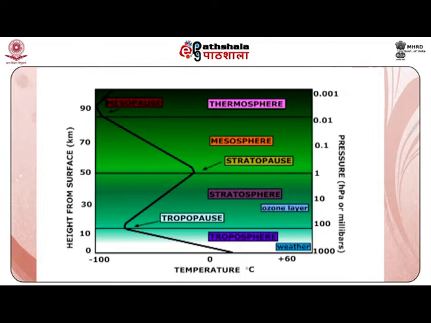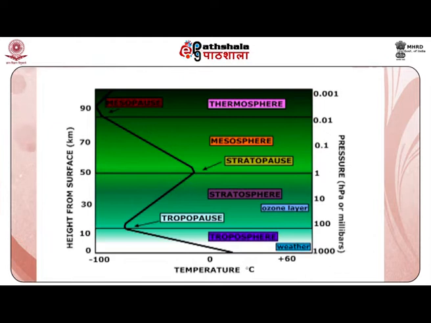So from an average surface temperature of about 15 degrees Celsius, we move to minus 56 degrees Celsius at the top of the troposphere. That becomes a decrease at the rate of 6.4 degrees Celsius per kilometer of altitude. That is called the normal environmental lapse rate.